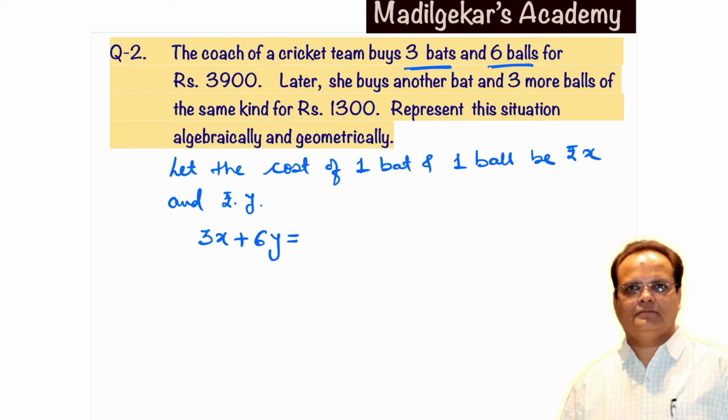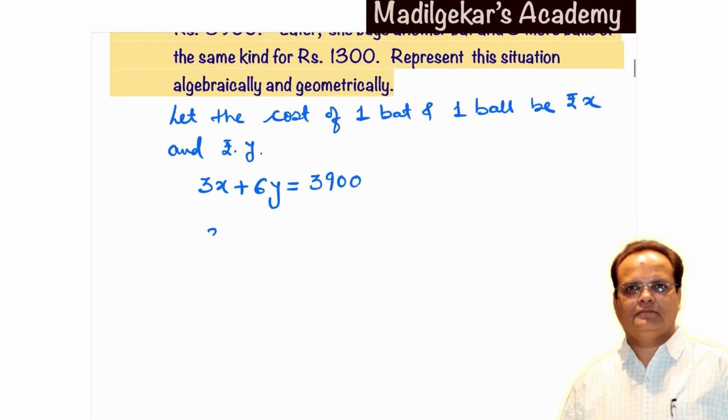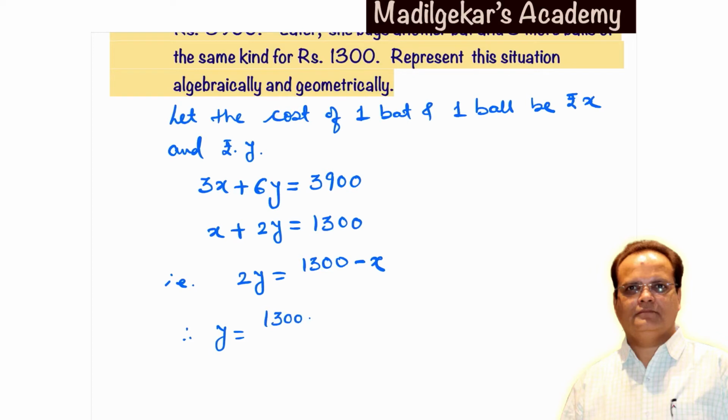Together the cost is rupees 3,900. Here you can divide it by 3. It gives x plus 2y equals 1,300, that is, 2y is 1300 minus x. So y is (1300 minus x) upon 2. This is the first equation.